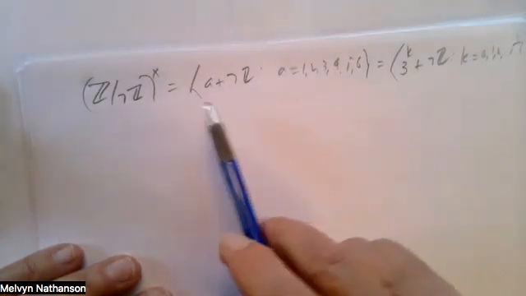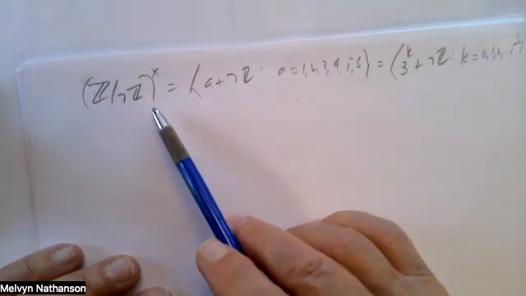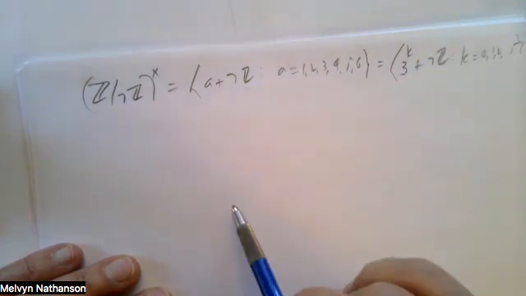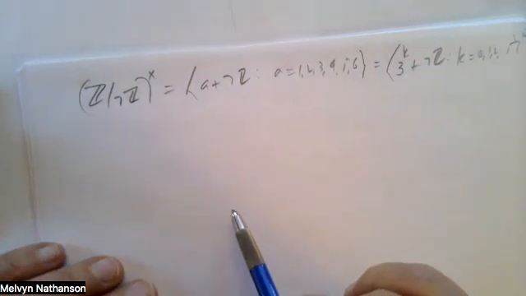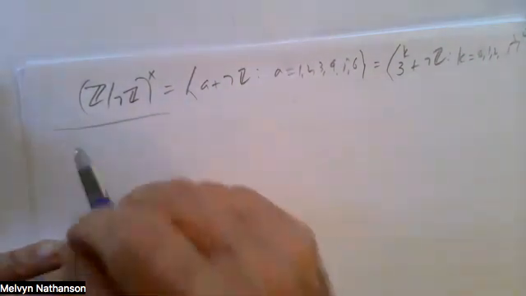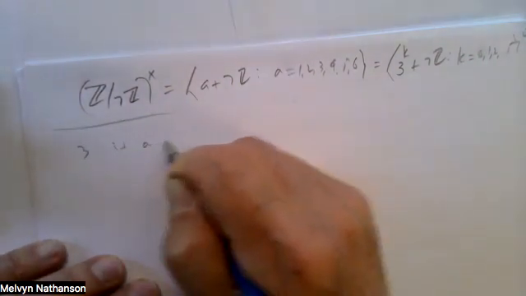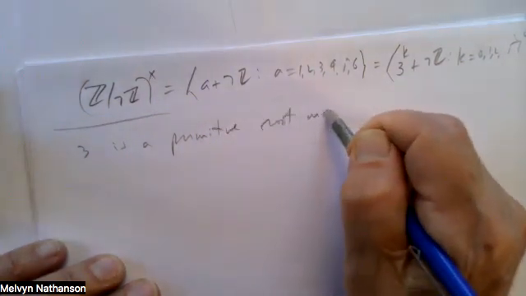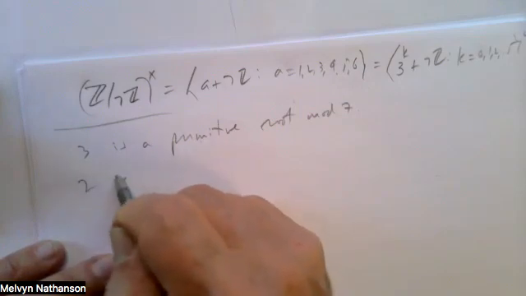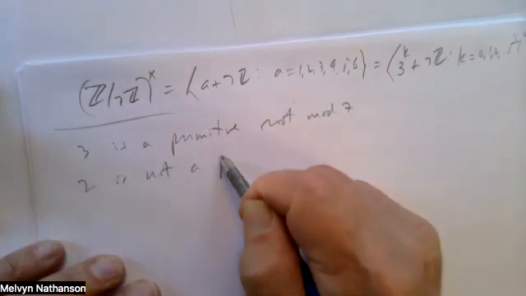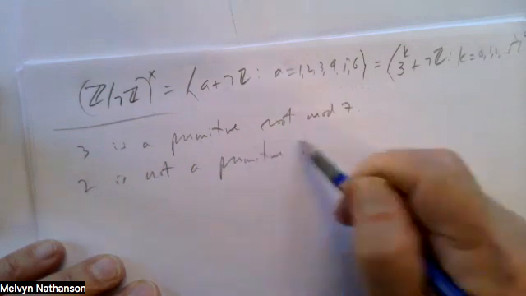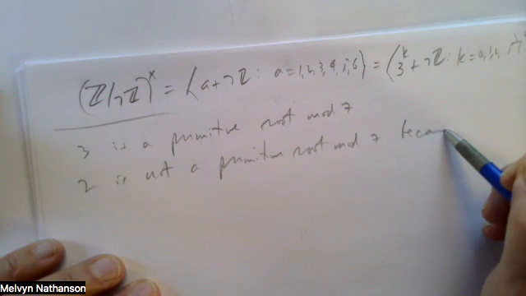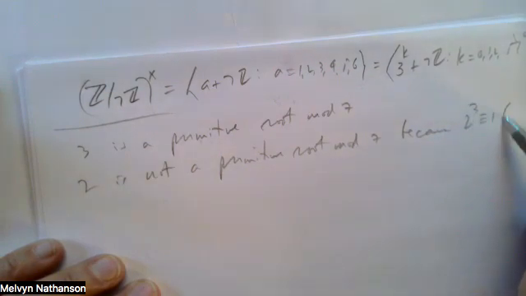So every congruence class relatively prime to 7 is a power of 3 mod 7. So 3 is a primitive root mod 7. 2 is not a primitive root mod 7 because 2 cubed is congruent to 1 mod 7.